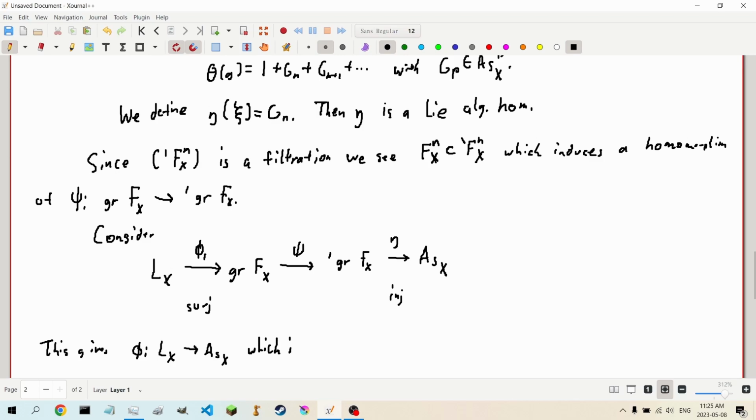Which is injective. Hence, phi_1 has to be injective, and therefore is an isomorphism.